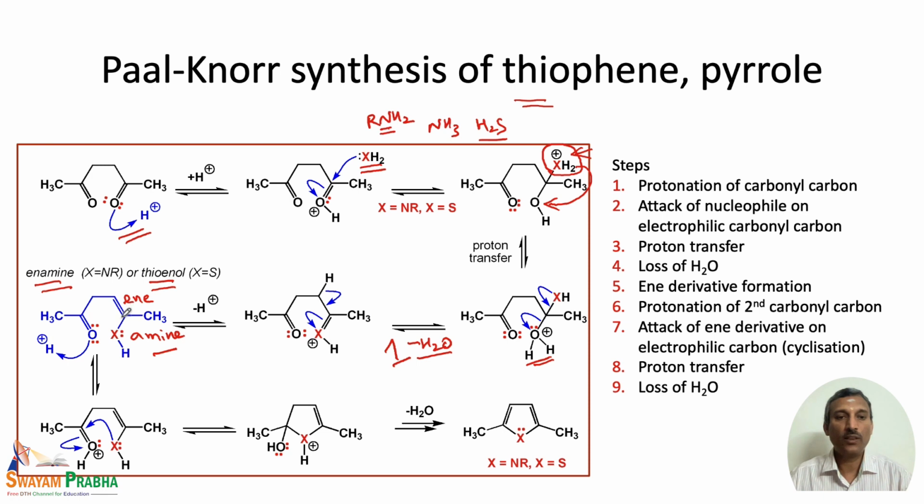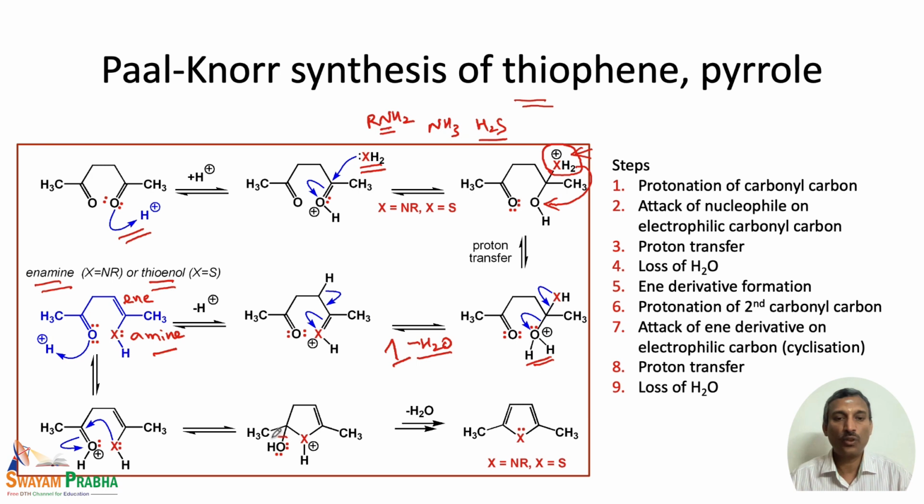So, this is the crucial step, and now once this intermediate, either the enamine or thioenol, depending on what X is, is formed, it undergoes the next cyclization, which is a very crucial reaction. These steps are already familiar to you. The heteroatom attacks the electrophilic carbon and the bond is now shifted towards the oxygen.